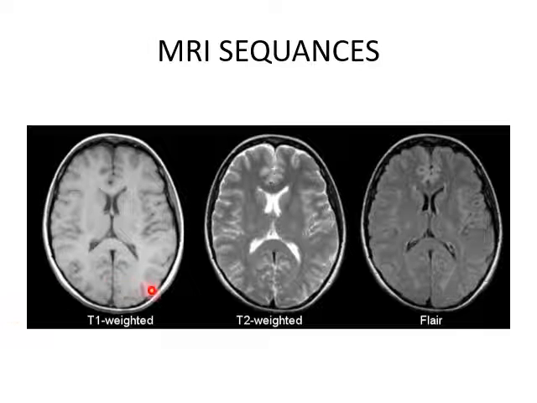We have different sequences of the MRI: the T1, the T2, FLAIR, and diffusion. T1 looks like CT, the CSF is black, while in T2 the CSF is white.